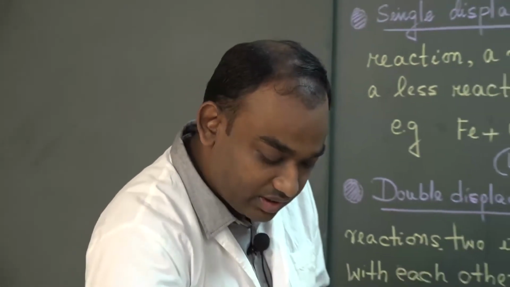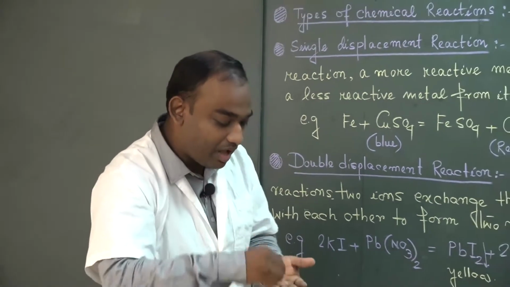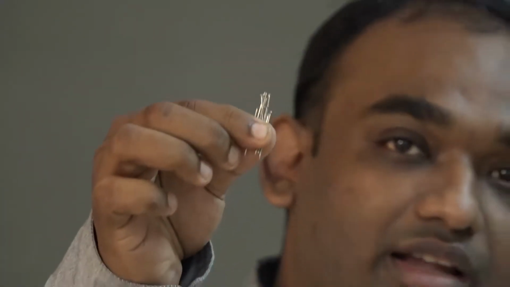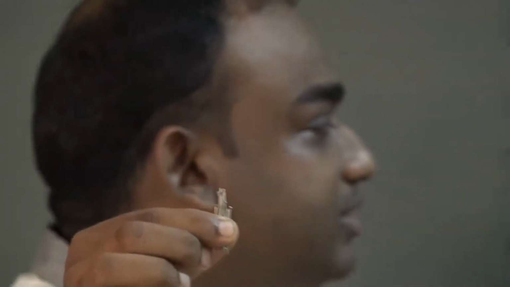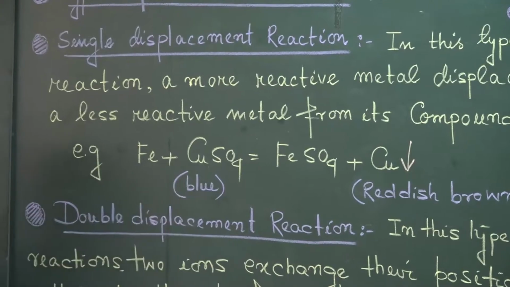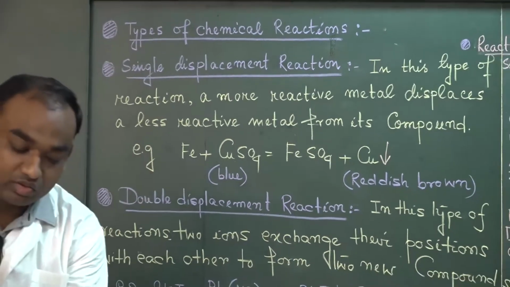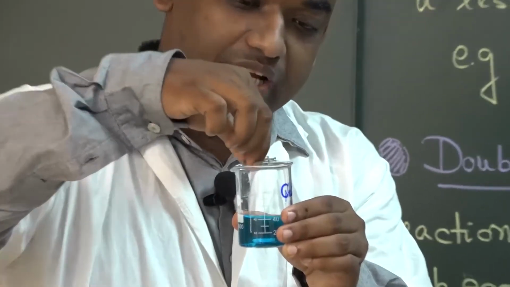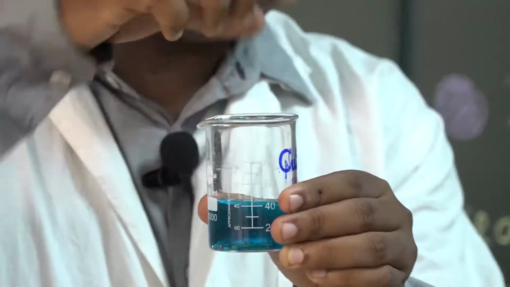And now, students, I am having some iron nails. This iron will be represented in the form of some iron nails. So what will happen, students, this iron is now going to react with copper sulphate solution. So now, students, I am pouring these iron nails into the copper sulphate solution.